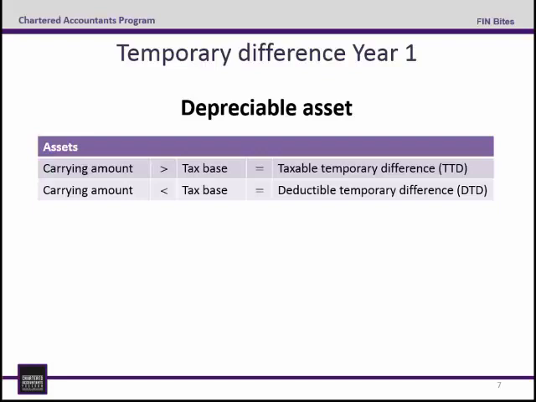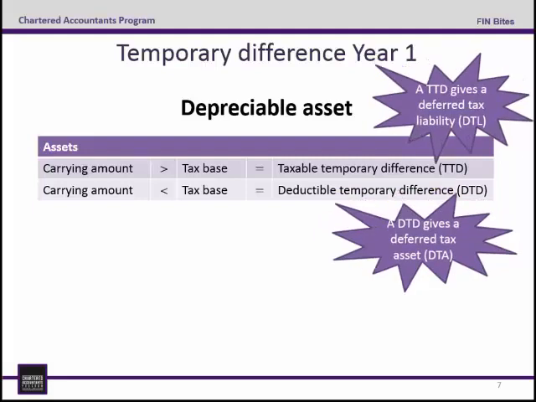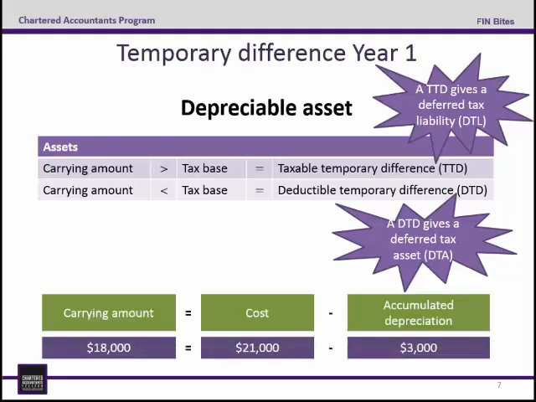And remember, we decided that because we were getting the benefits up front, there was a taxable temporary difference. So remember, a taxable temporary difference gives rise to a deferred tax liability, whereas a deductible temporary difference gives rise to a deferred tax asset.